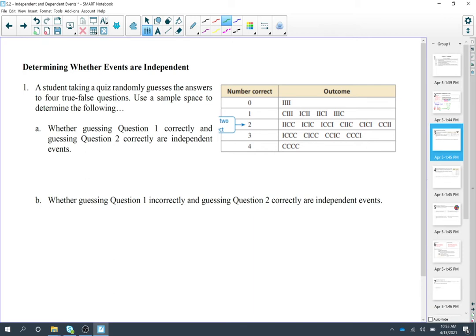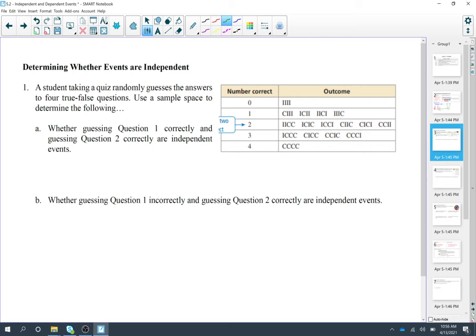Example 1. We're going to determine whether events are independent. A student taking a quiz randomly guesses the answers to 4 true-false questions. Use a sample space to determine the following. Letter A. Determine whether guessing question 1 correctly and question 2 correctly are independent events.